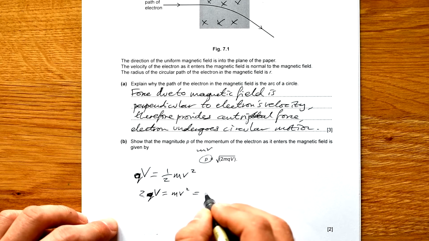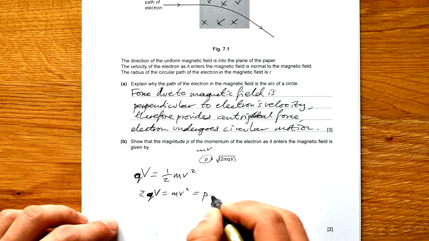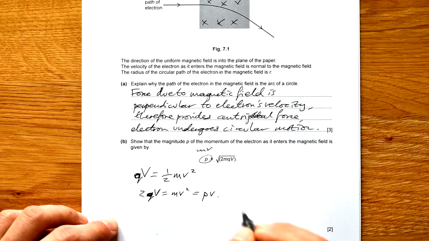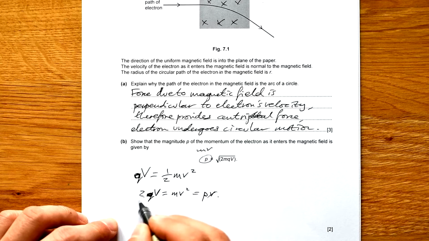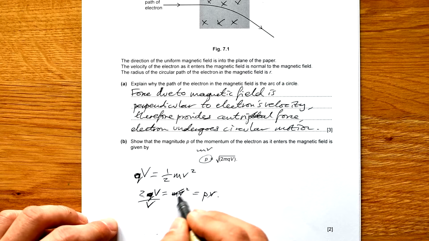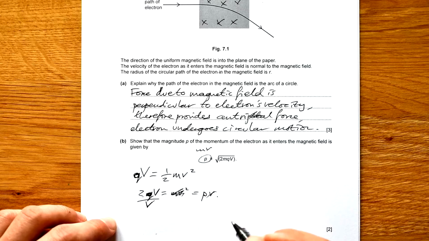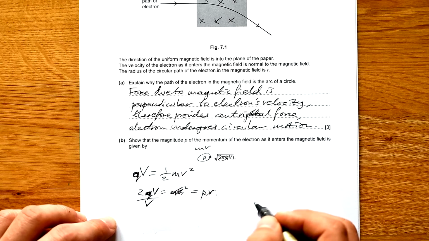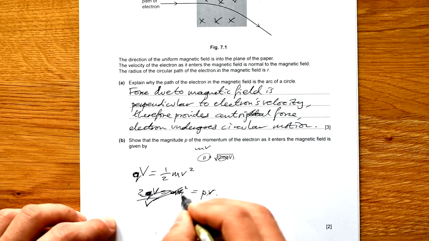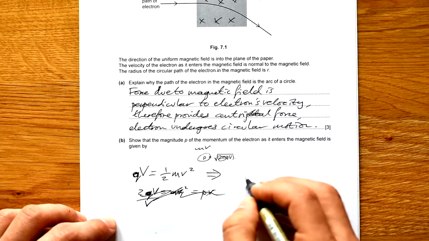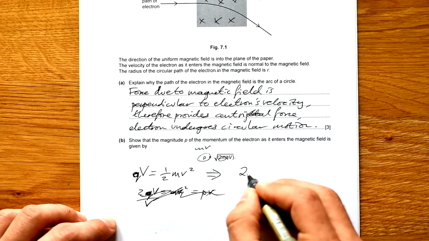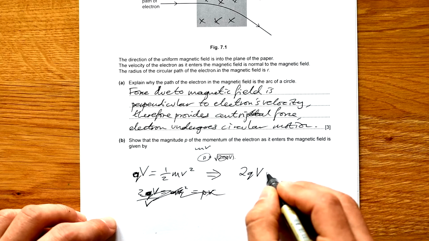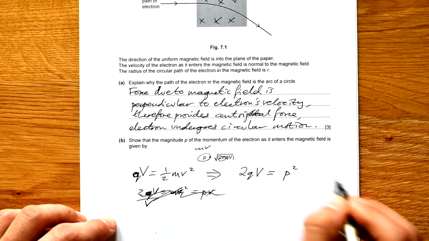So we can say that this is equal to pv, can't we? And so we can say therefore that the momentum is 2Q big V over little v velocity. However, that doesn't give us this though, does it? So basically what we need to do is multiply the whole thing by m. So let's get rid of that, and we end up with 2mQV is equal to p squared.